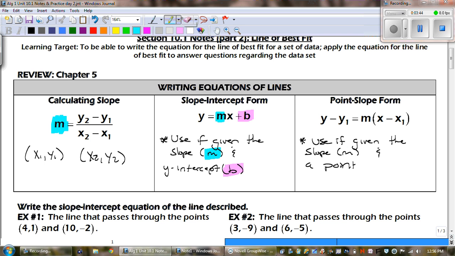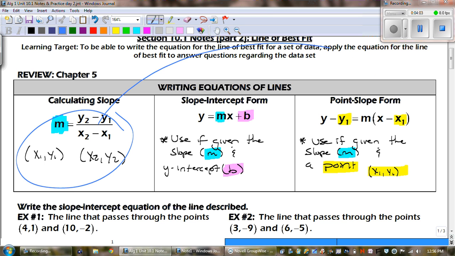If they tell us the slope and we're given a point, that would be the x1, y1. Most of the time, they're going to give us 2 points. From these 2 points, we go into point-slope, and then from point-slope, we solve it, and we get y equals mx plus b. So most of the time, it's a 3-step kind of deal that we do.